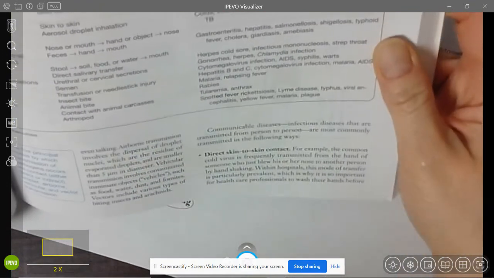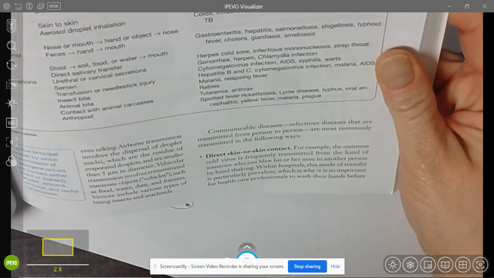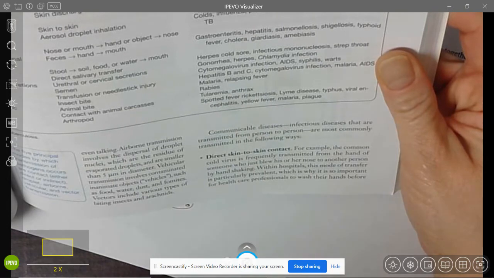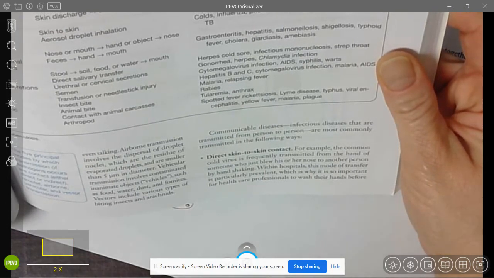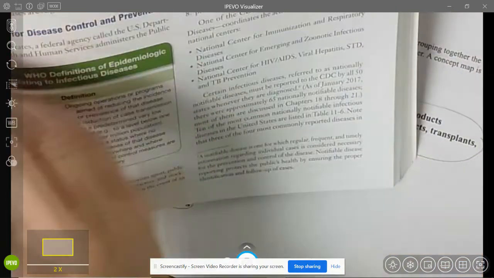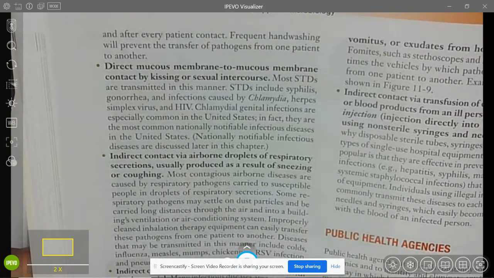Okay, so down at the bottom of that page, again, this is page 199, you're going to see direct skin-to-skin contact. So this is direct contact, and this is one of the types of direct contact. Then if you look at page 200, you're going to see a listing of the other modes of transmission.